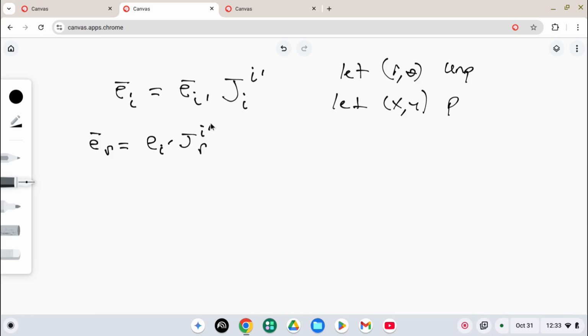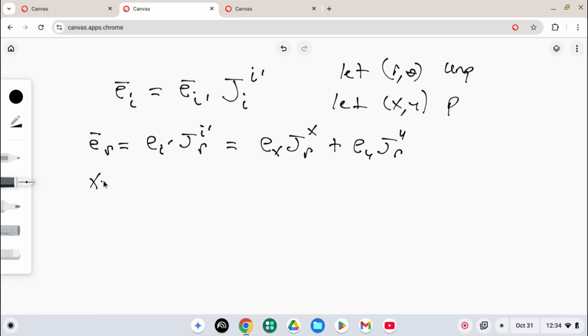So now I have to expand this summation index, right? So it's going to go EX in the first case, J X R, always have to have that same, plus E, what's the second one? Y. J, what's the second one? Y R. Okay? Now, remember our transpose equations?